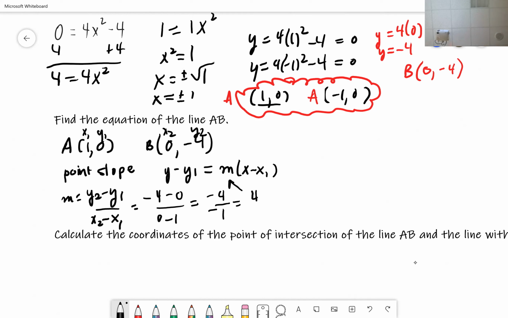So you may go ahead and go y minus 0 equals 4 times x minus 1. Right? So this is y equals 4x minus 4, and this is the equation of line AB.